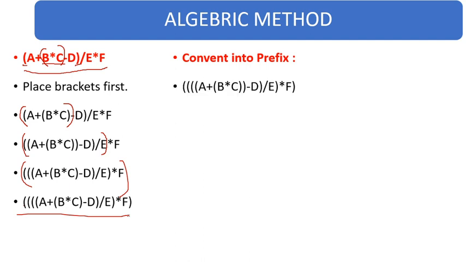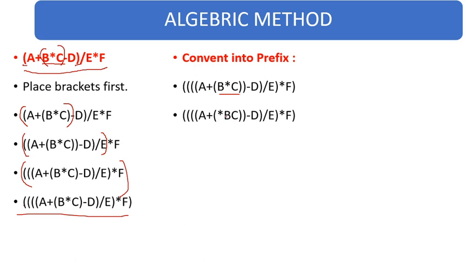So here is our shortened expression. Now we know that in this expression we will solve this first. In b multiplied by c, we will write this expression into the prefix as multiply b c. Okay.